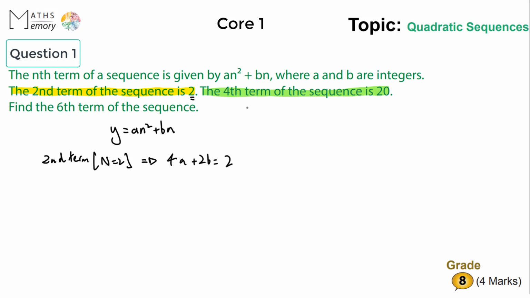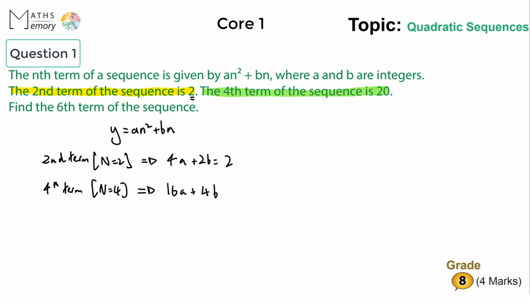The same thing, we could say the fourth term is when n equals 4. Okay, that's in the same way. If you plug in 4 into here, 4 squared is 16. So 16a plus 4b, because n is 4.